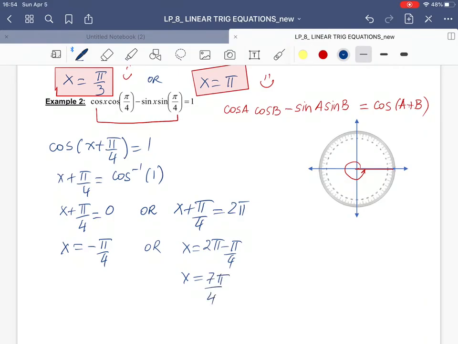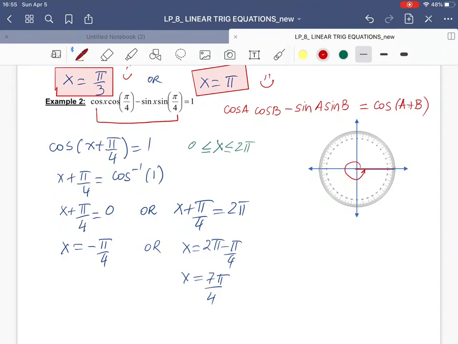So let's take a look at our answers again. Remember that our domain is between 0 and 2 pi. We want to check and see if our solutions fit into the given domain. Let me take a look at the first one. So we're going to say x equals negative pi over 4.